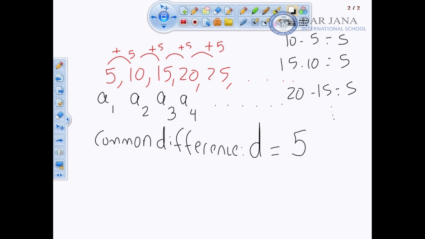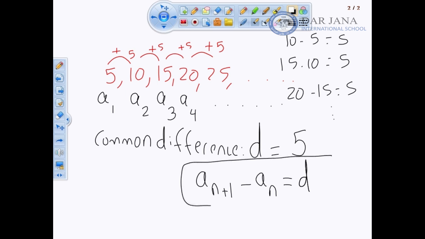So every time the common difference is the same, and it is 5. In general, we can say that an plus 1 minus the term before, which is an, is equal to d, which is the common difference.